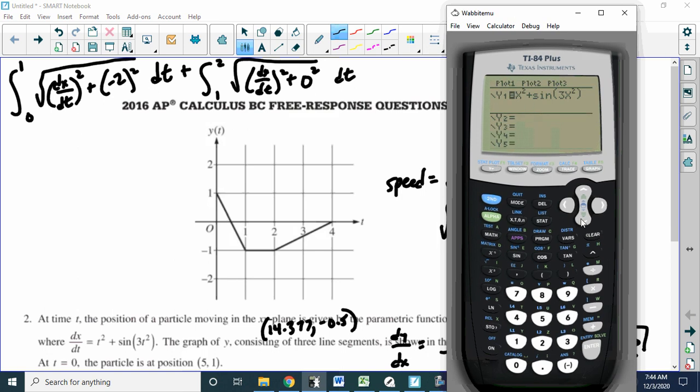So we are going to be integrating, so we need to graph it, the square root of dx/dt, which is y1, plus -2 squared.